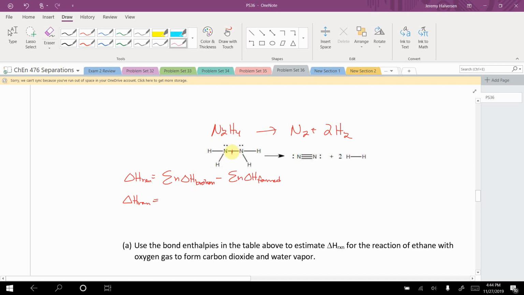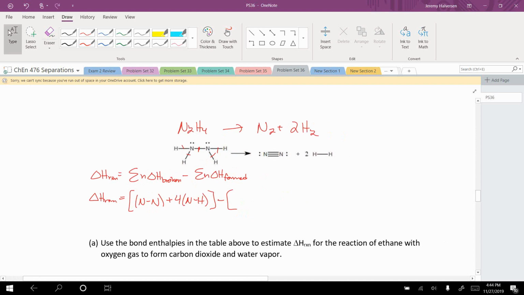Well, I break an N-N single bond, and I break 4 N-H single bonds. What bonds are formed? Well, I form an N-N double bond, or sorry, triple bond. And I also form 2 H-H single bonds.